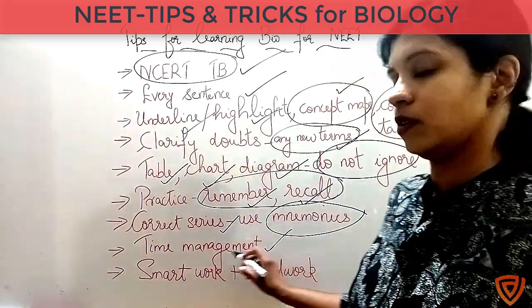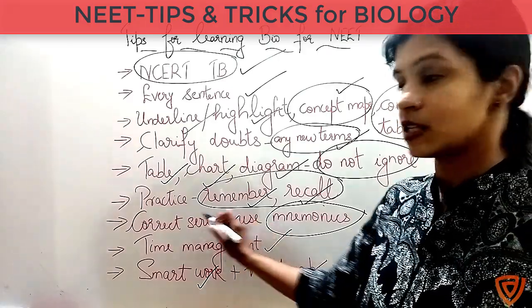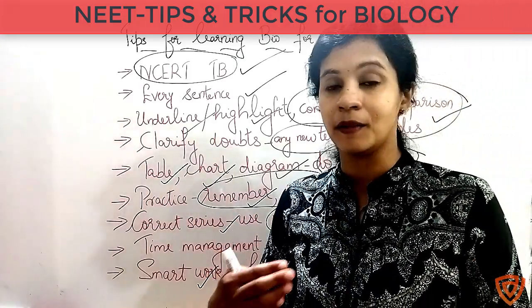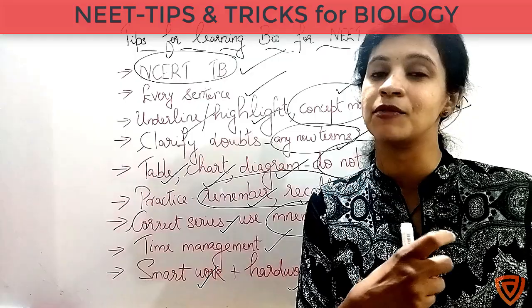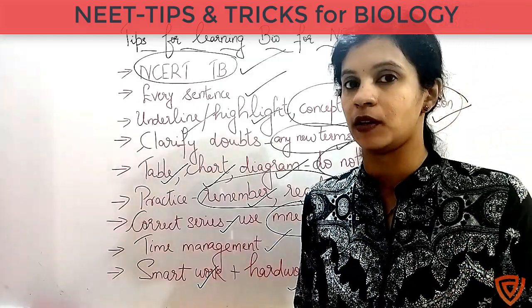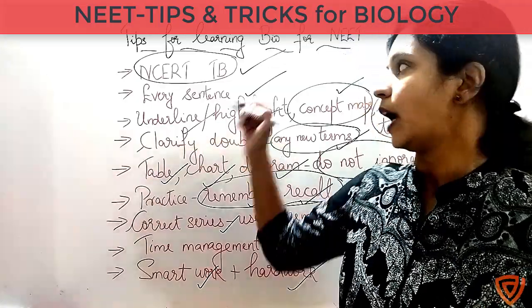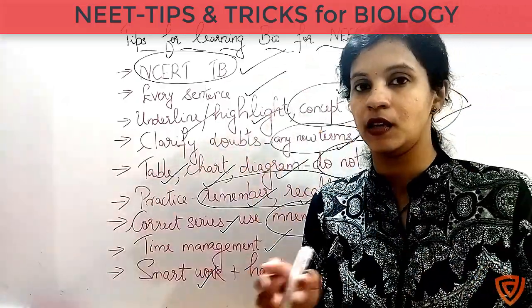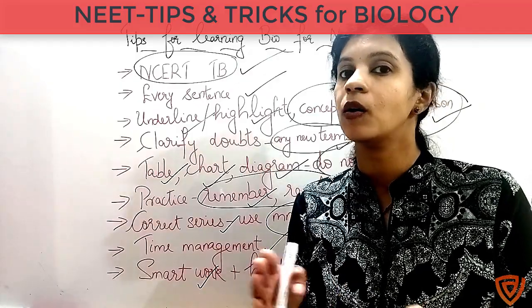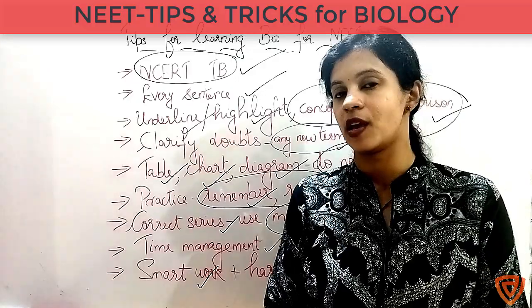And above all, smart work is very much required, plus hard work. Smart work is when you make comparison tables or some tips and tricks, whereas a lot of hard work has to be put in. Only then will you be able to score the best. Among physics, chemistry and bio, bio will occupy 50% of the topics for your exam.